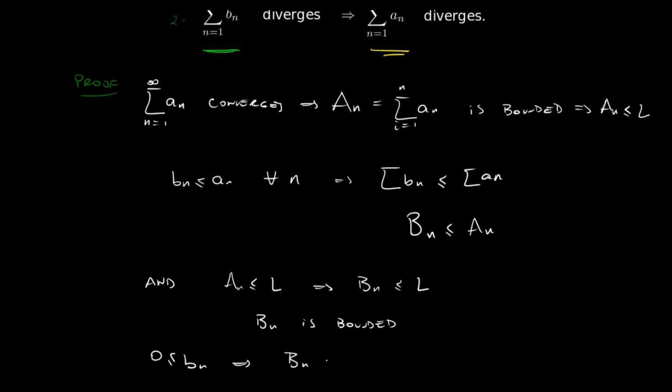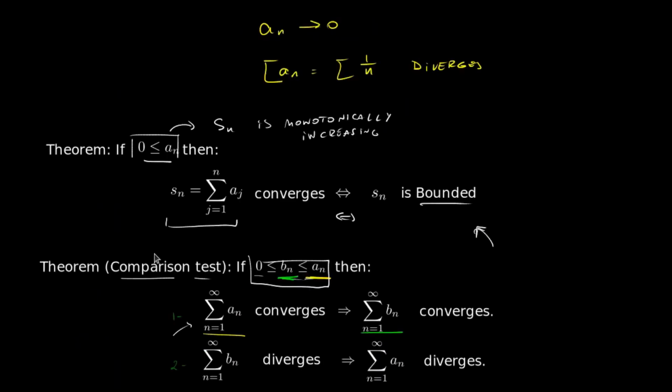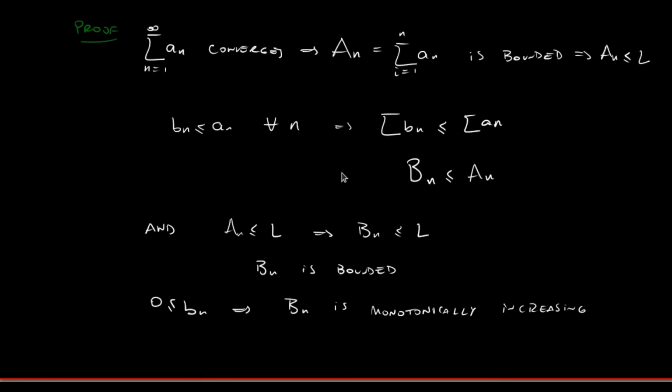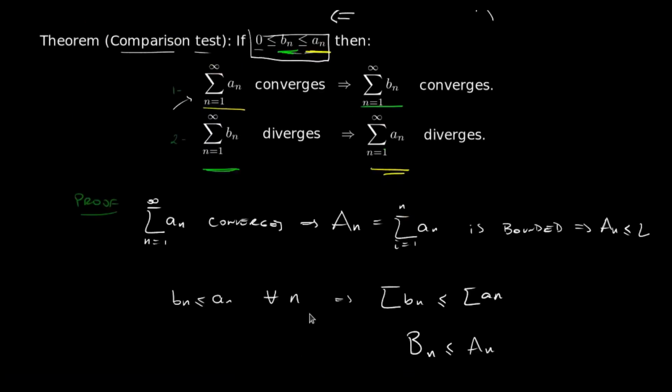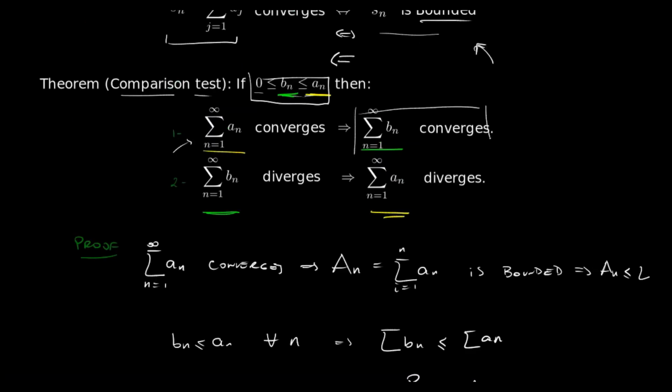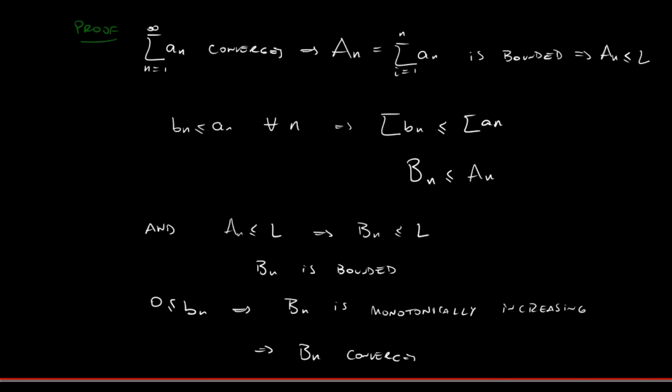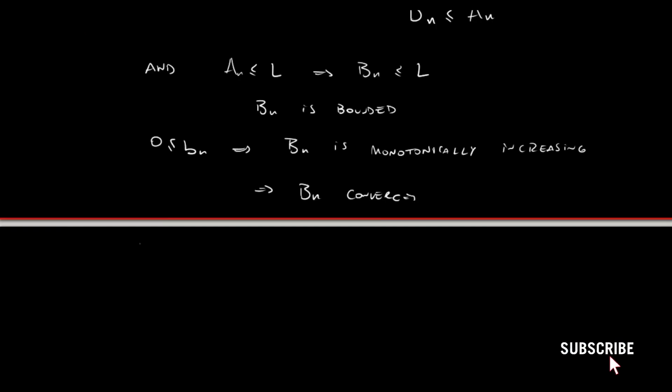And then our sequence B sub n of partial sums will be monotonically increasing. And again, using this theorem, we have that it's monotonically increasing and bounded, and so it converges. And when the sequence of partial sums converges, so does this series. And now the proof for the second one is going to be left as an exercise because it's very similar to the first one.